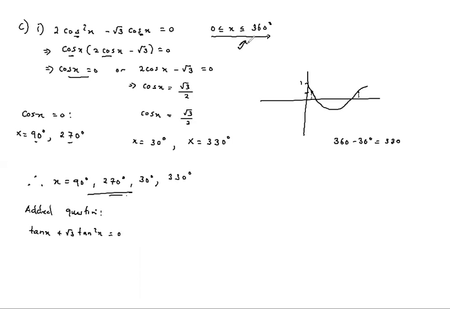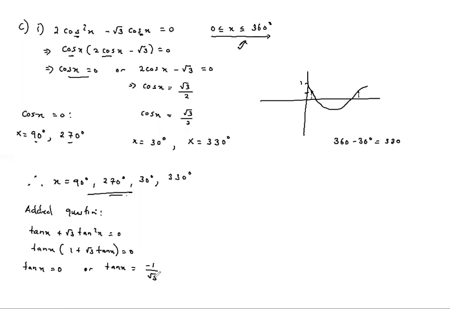So using the same range, you factor out tan x, you get 1 plus root 3 tan x is equal to 0. So it's either tan x is 0 or tan x is equal to negative 1 over root 3.